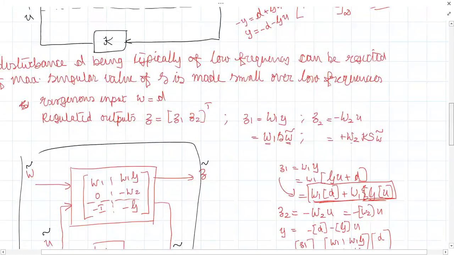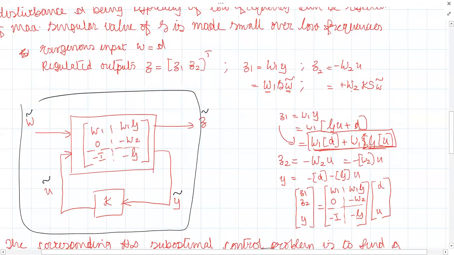Here, if we find the transfer function between Z and W, it is just W1 and 0, right? When we say Z, we mean a vector actually.